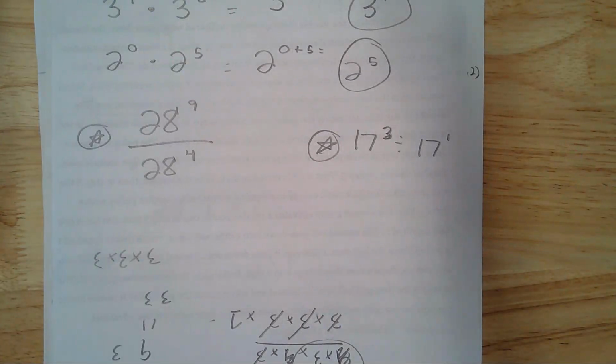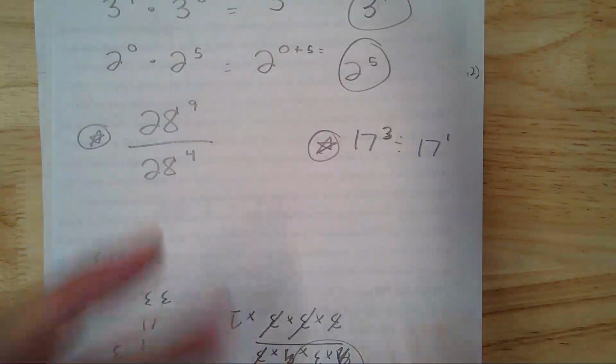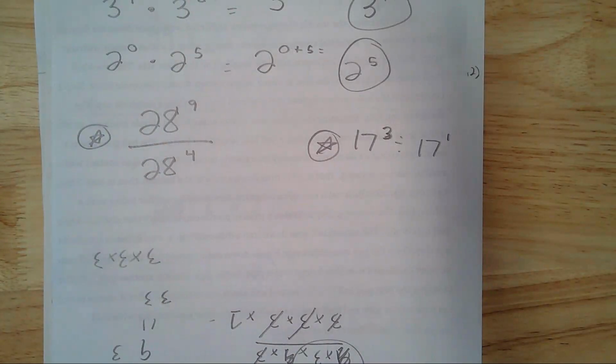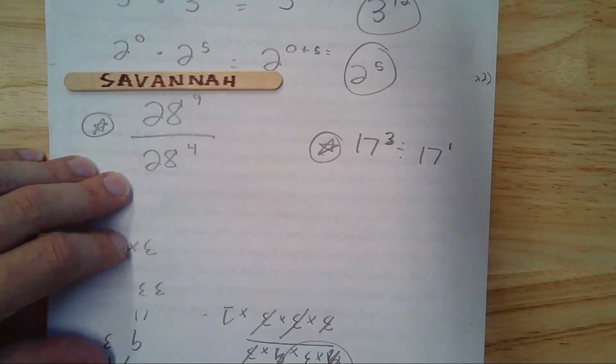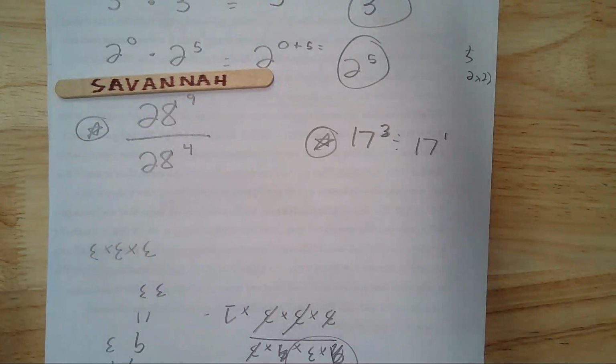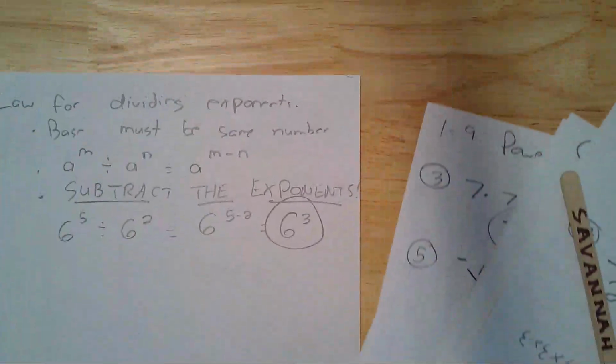Last two. 28 to the 9th divided by 28 to the 4th. And again, we would go back to this page right here.